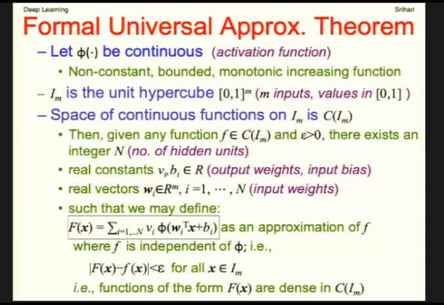Summation of v_i phi of w_i x plus b_i. That's the standard neural network formulation. You're multiplying the vector, there's a bias here, we're computing the activation. We are summing over the hidden units, as an approximation of f, some complicated function that is mapping the 0, 1 image into Mahatma Gandhi.